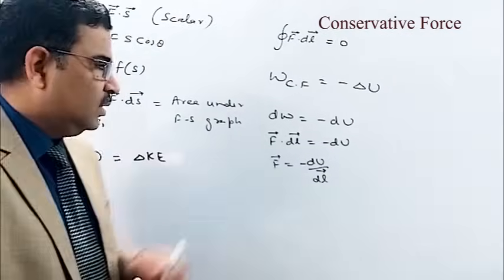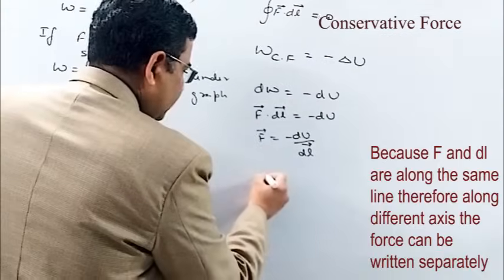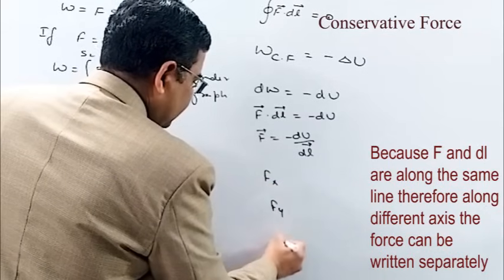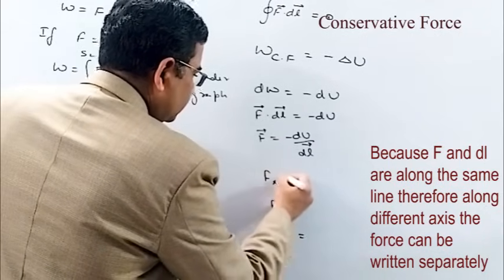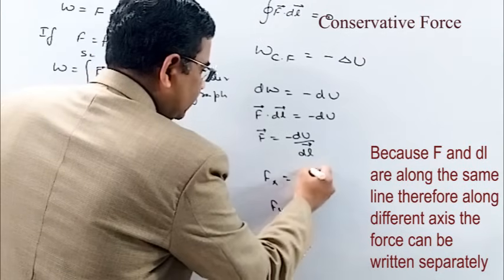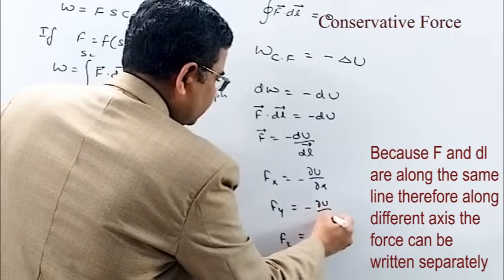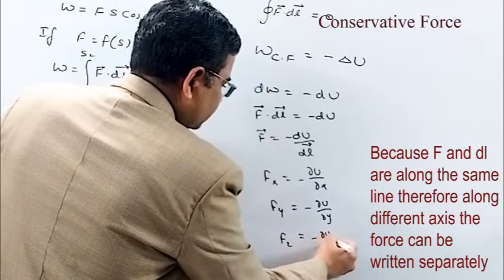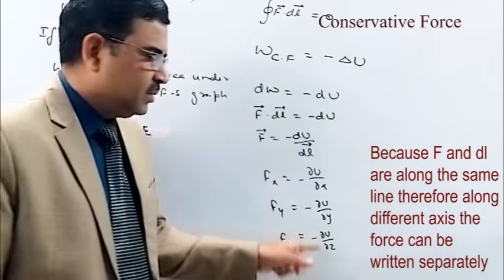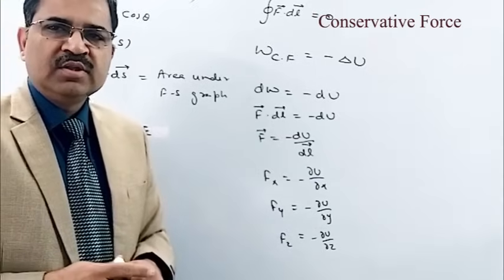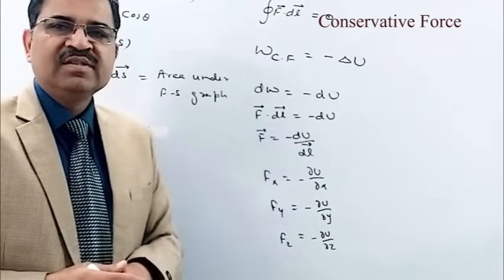Using this formula, I can write now fx, fy and fz, the three components of the conservative forces, as minus del u by del x, minus del u by del y and minus del u by del z. Now this shows the partial differentiation of the potential energy with respect to x, y and z coordinate.